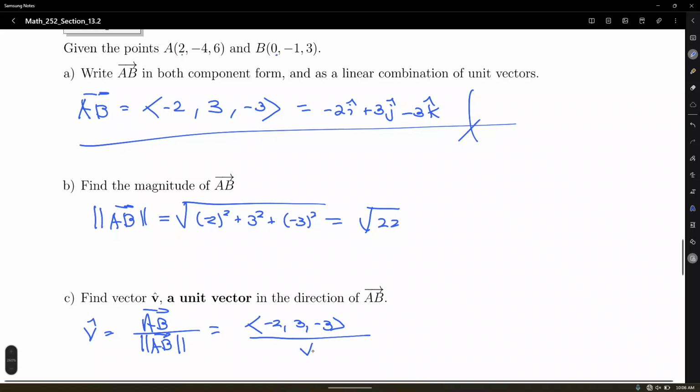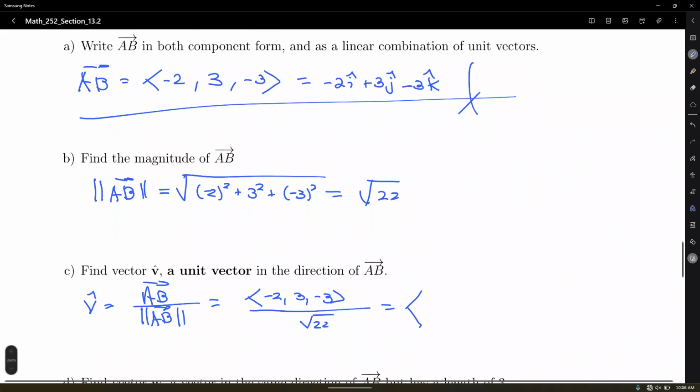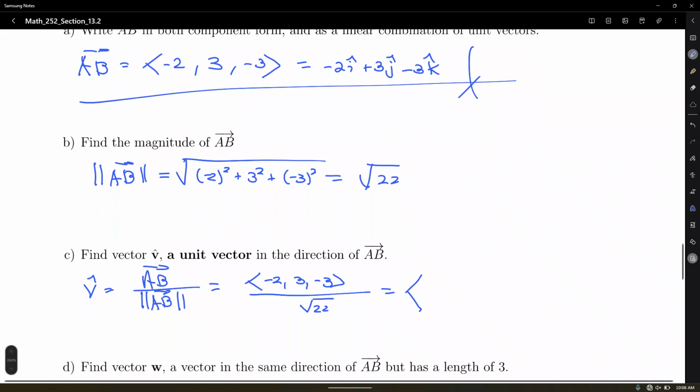That is, divide by root of 22. Okay. And in this case, simply distribute or divide by root of 22 on each component. That's -2 over the square root of 22, 3 over the square root of 22, and -3 over the square root of 22. Okay?